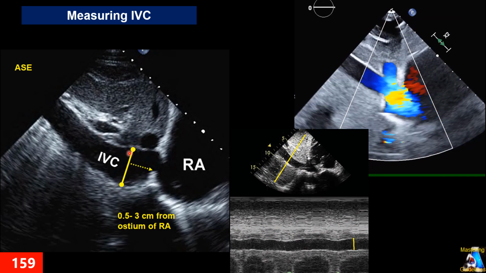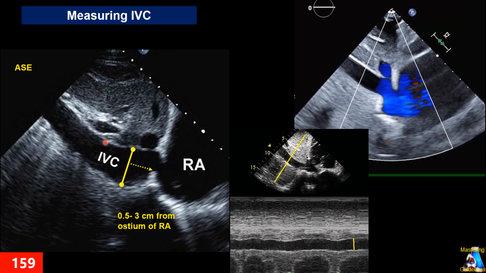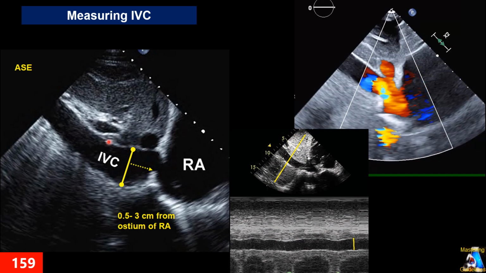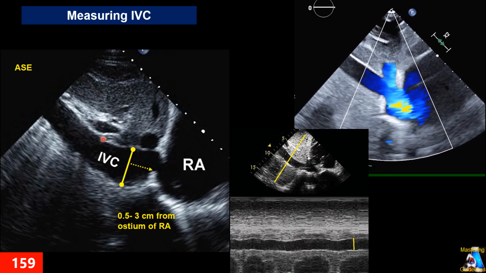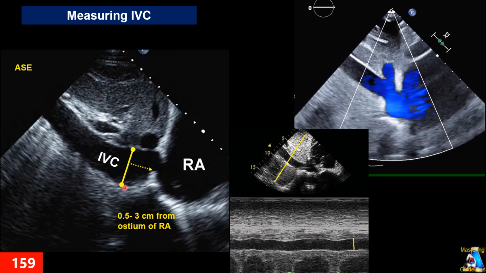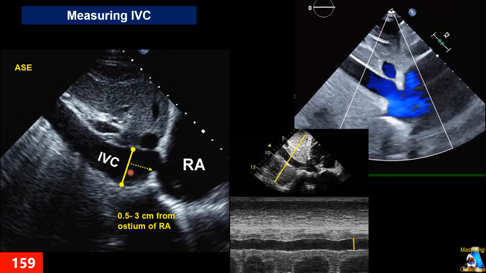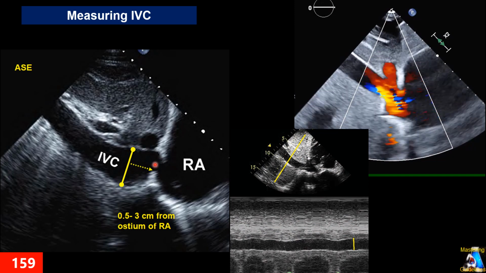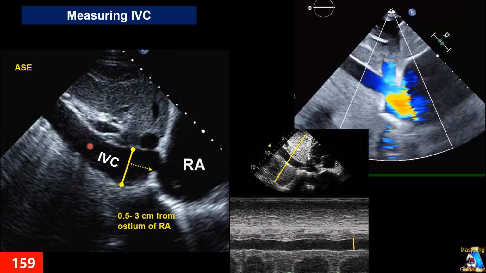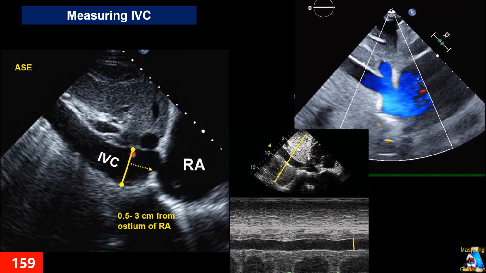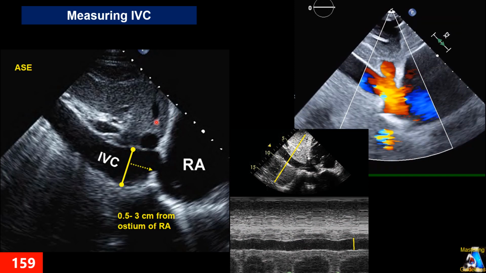For example, imagine this is small, and here is 3 centimeters. I'm just suggesting: if you want to measure this spot, you have to measure this way, not this way, perpendicular to both walls. The best spot based on some research is 3 to 4 centimeters from the entrance, or any spot in that area up to 5 centimeters, where it is largest. We go and measure that spot.